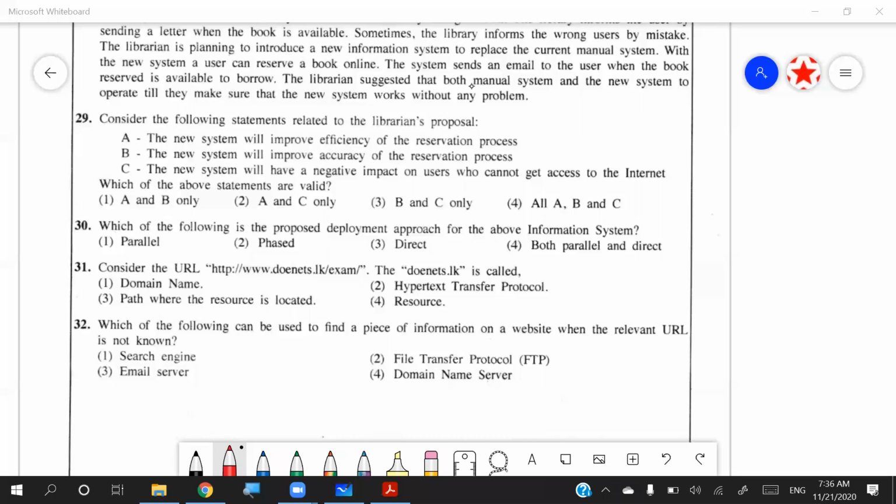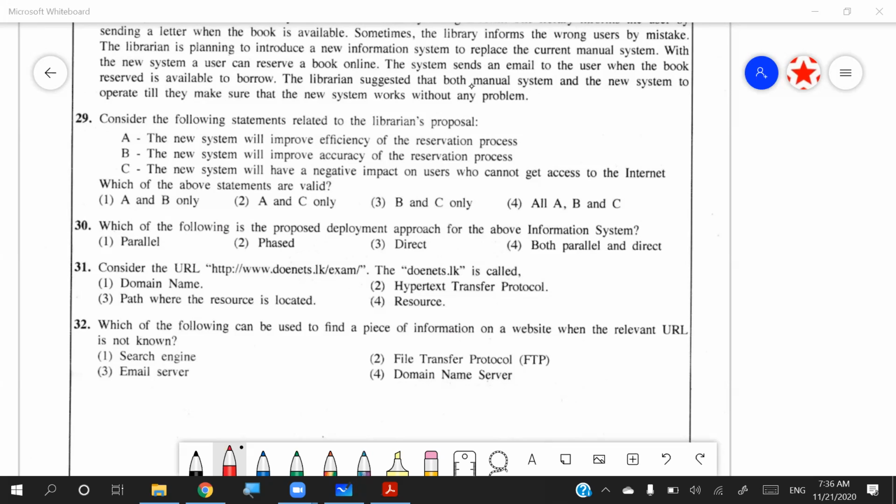Once the users are confident with the new system, the old system will be stopped and the new system will be continued, right? So the advantage is, if you get some problem with the new system, you still have the old system as a backup, right? So nothing serious will happen, right?